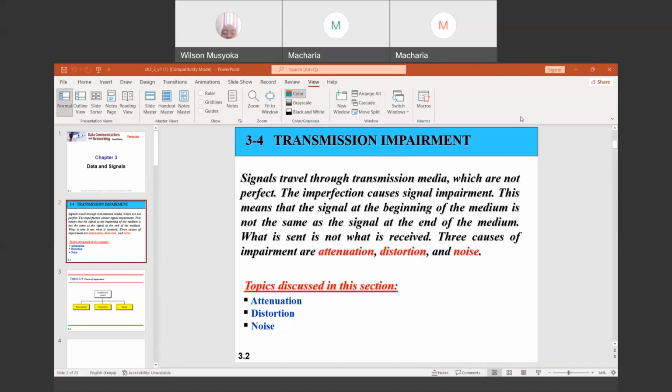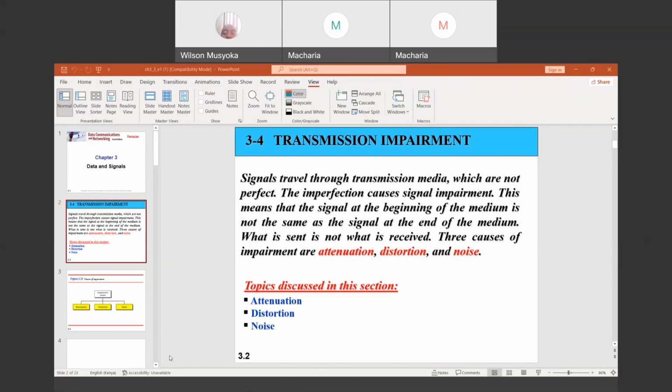An analog signal, due to transmission impairment, can result in the received signal getting a different amplitude or a different shape from the one that was sent.